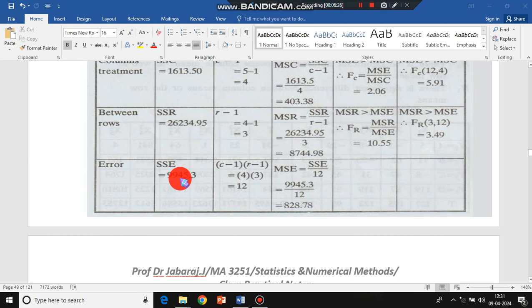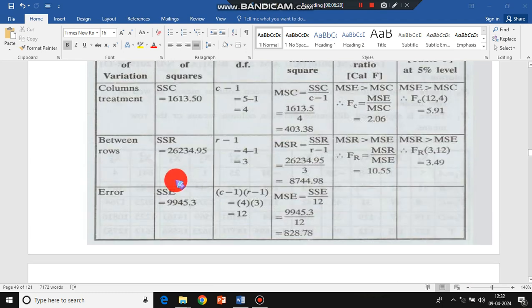So that is what we are substituting here. Now what is the degrees of freedom? The degrees of freedom for SSE is C minus 1 into R minus 1. What is C here? Number of columns. That's what we discussed already. And R denotes number of rows.